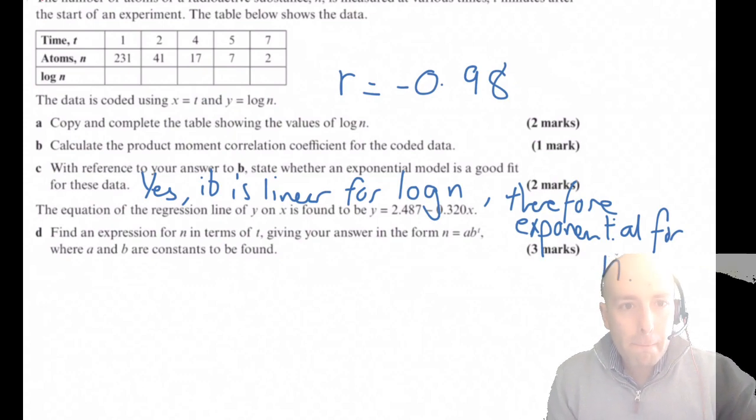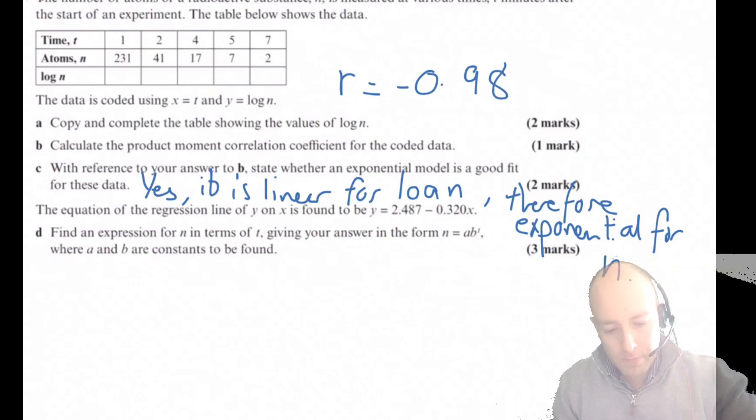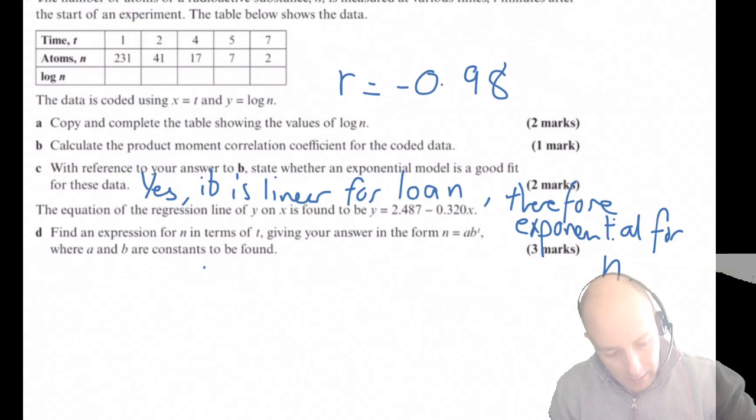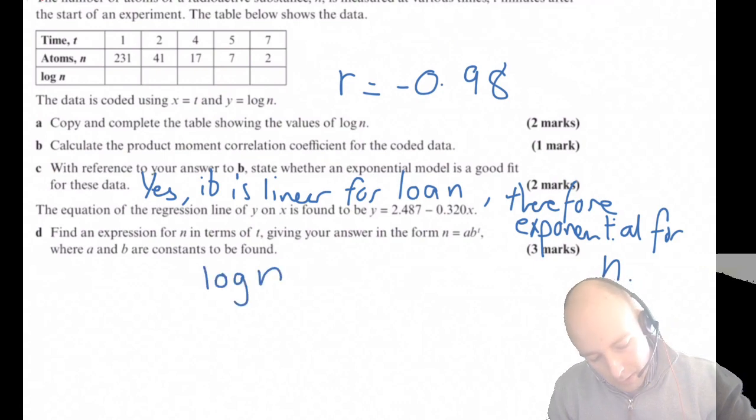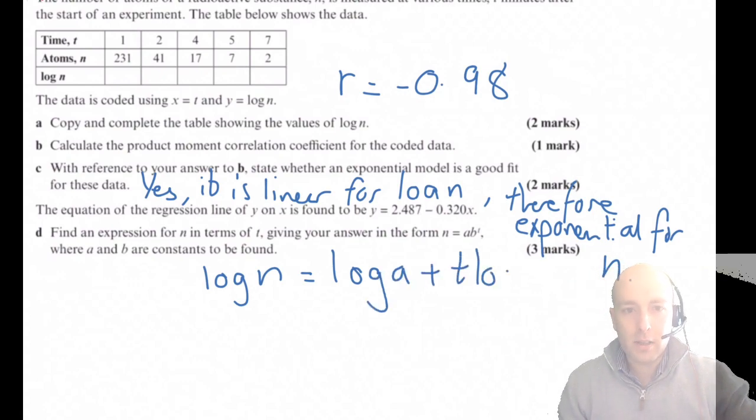All right. So the equation is found to be that, which agrees with what we found on the calculator screen. Find an expression for n in terms of t. So we need to go from the line equation to the exponential equation. So again, if we log everything, we're going to get log n equals log a plus t log b, like the one we did earlier.